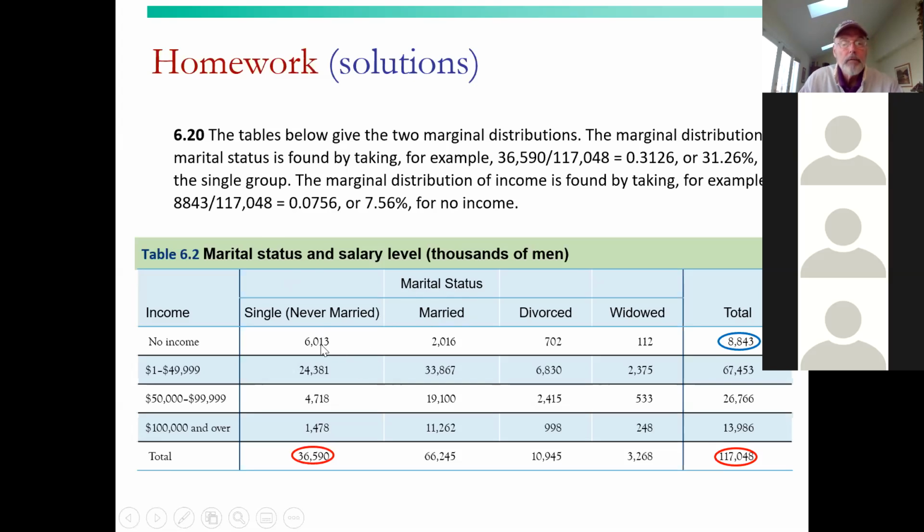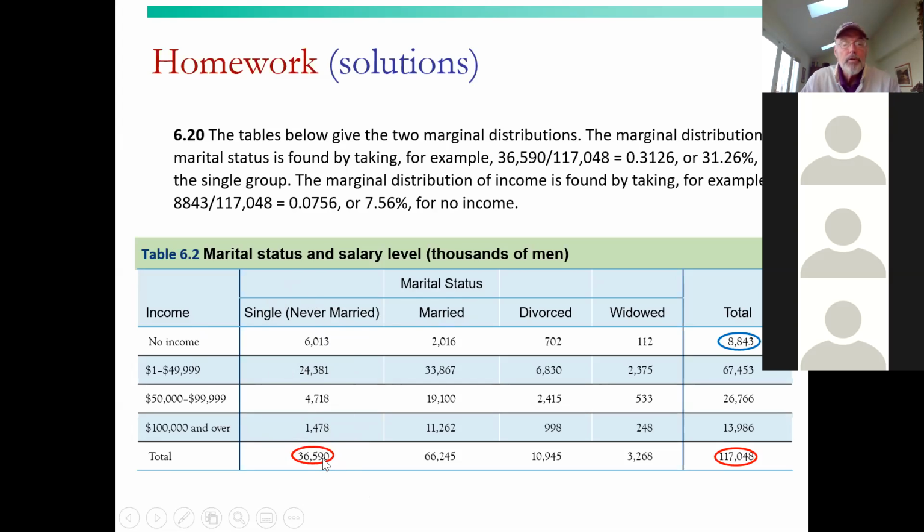So we have this idea of going from here, this value, the single, is the total of all of the single, not even considering income. This is the number that goes along with the single never married.